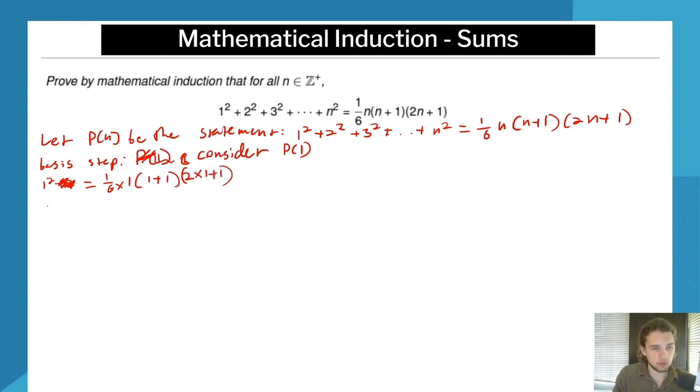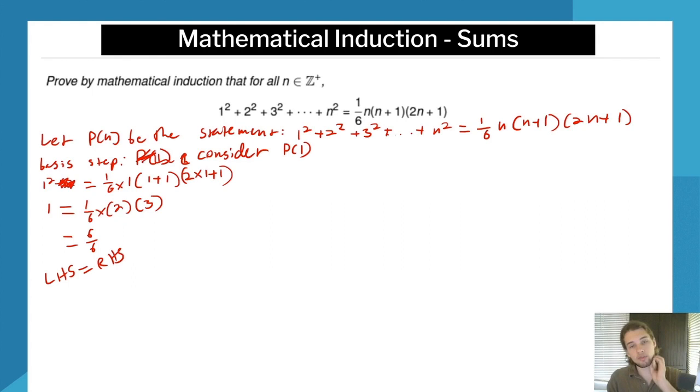So that equals 1, equals 1 over 6 times 2 times 3, equals 6 over 6. So left-hand side equals right-hand side. Therefore, we have our proof just of P1.